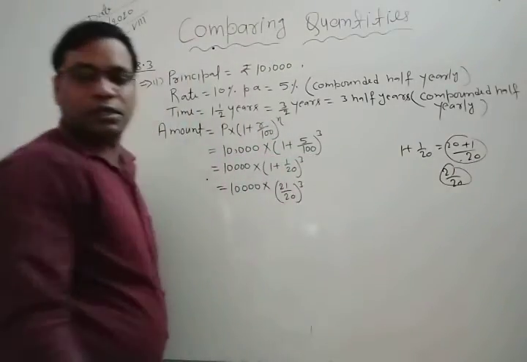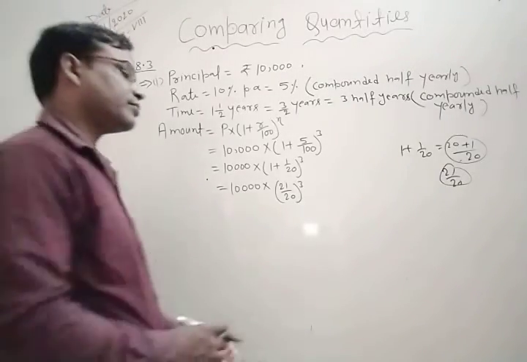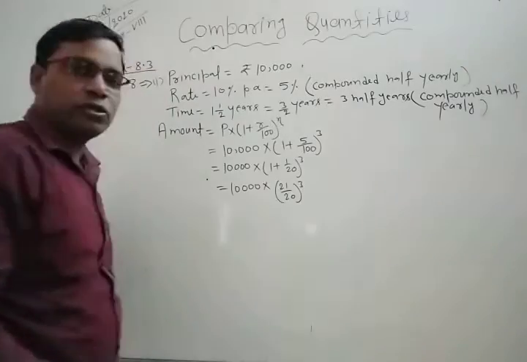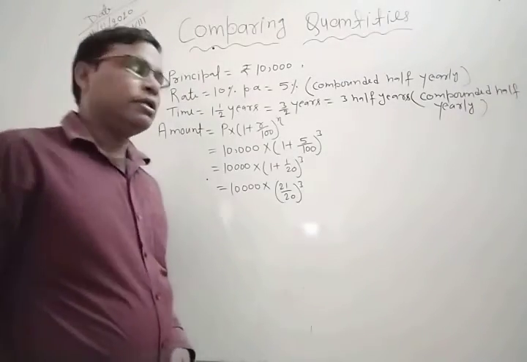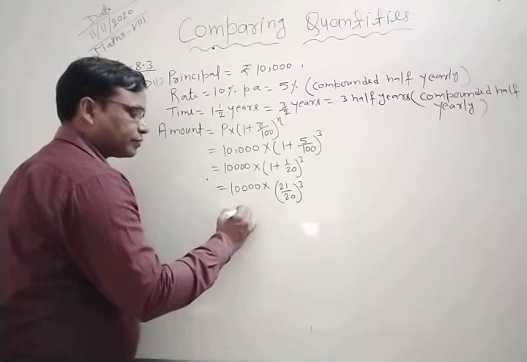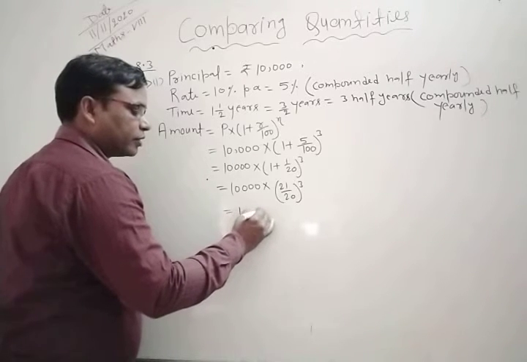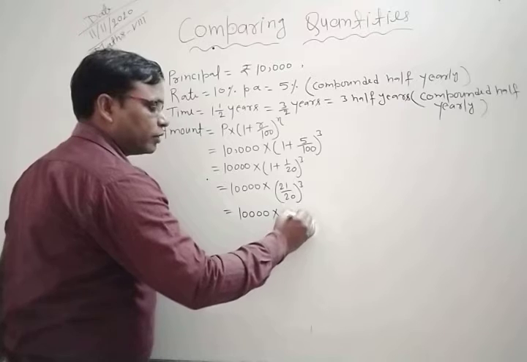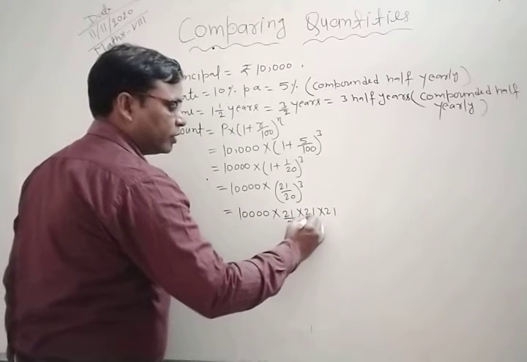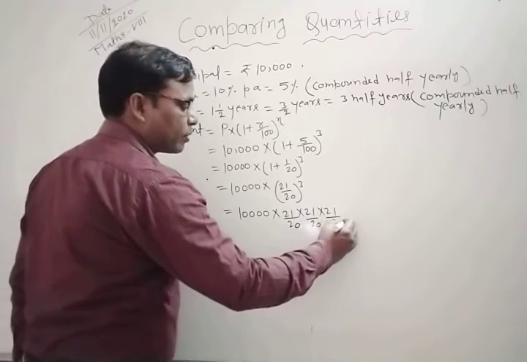Clear? So you can write this 1 plus 1 upon 20 as 21 upon 20. So also you can write it as 10,000 into 21 into 21 into 21 by 20 by 20 by 20.